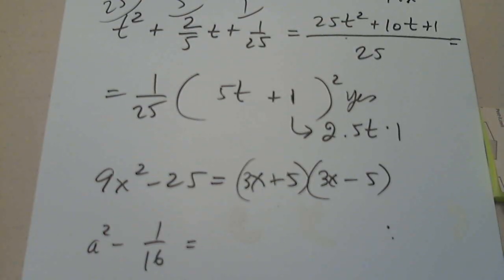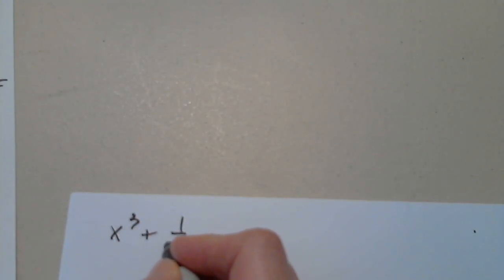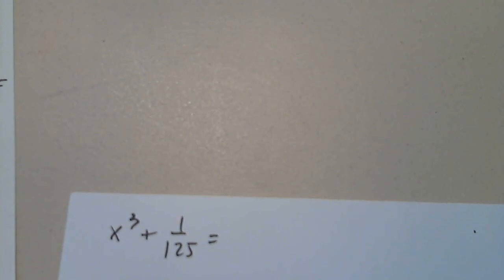Yes, 125 x cubed minus 64 y cubed. That's also a good one. Yep, why not? X cubed plus 125. 1 over 125. Good.